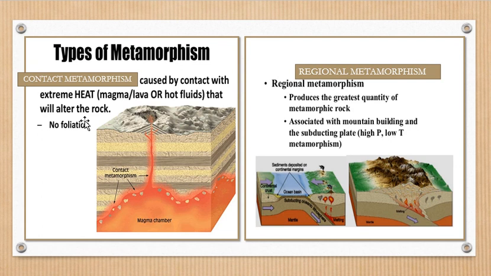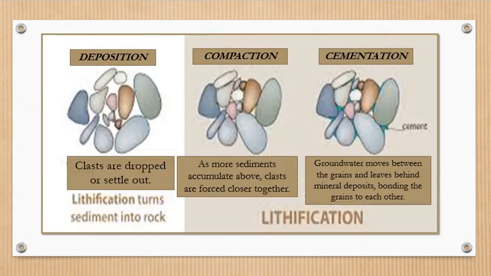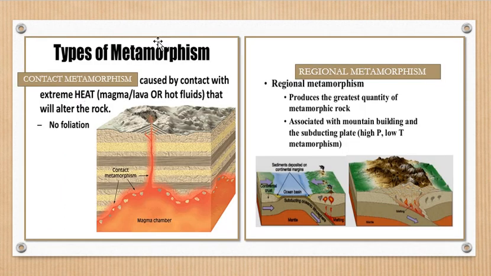In sedimentary rocks, the process that describes how sediments are deposited, compacted, and cemented is the process of lithification. So for the metamorphic rocks, we have the process of metamorphism.